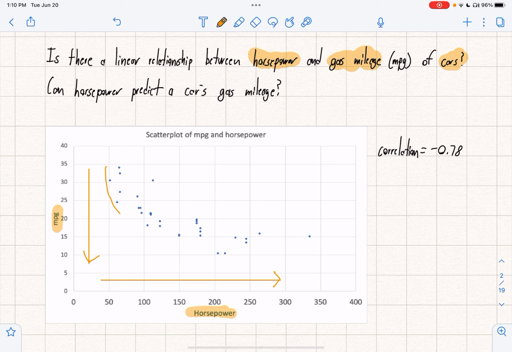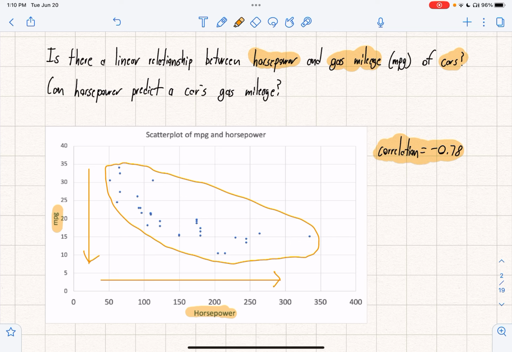Right? We're moving, we can see generally in this direction. It's a negative relationship. They seem to be moving in opposite directions. And we actually calculated our correlation here, and our correlation was equal to negative 0.78. So that's a pretty strong correlation. It's pretty close to -1, and it's obviously negative, so they move in opposite directions. So when one increases, the other one decreases, and vice versa.